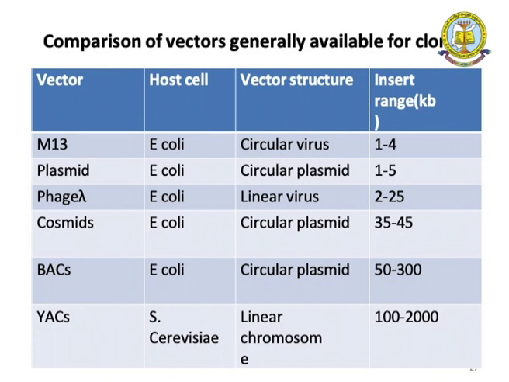And BACs, E. coli, circular plasmid, 50 to 300 kb. The last one, YACs. The host is S. cerevisiae, a fungus, with a linear chromosome, in the range of 100 to 2000 kb.